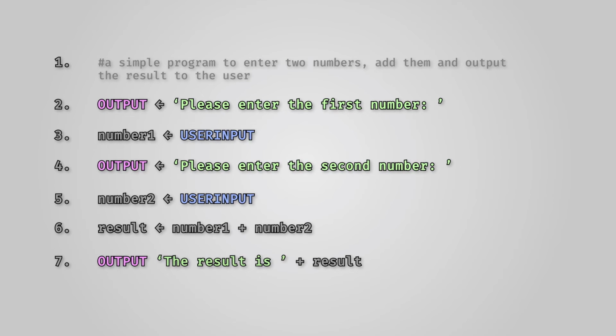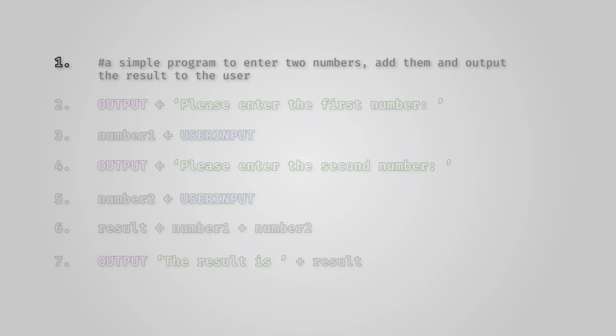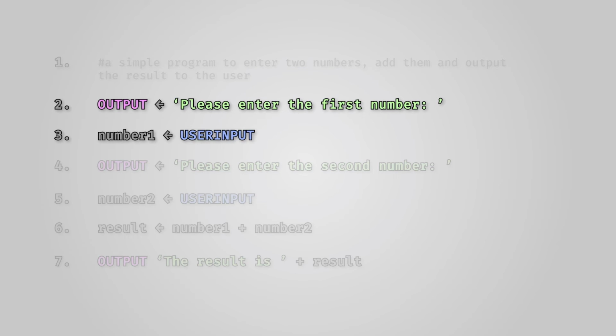Let's look at a simple program to add up 2 numbers and look at this program line by line. Line 1, this is a comment. Comments don't actually do anything and are simply used by the programmer to remind them what a block of code does. Line 2 prompts the user to enter a value, and then line 3 declares a variable called number1 and stores the value input by the user.